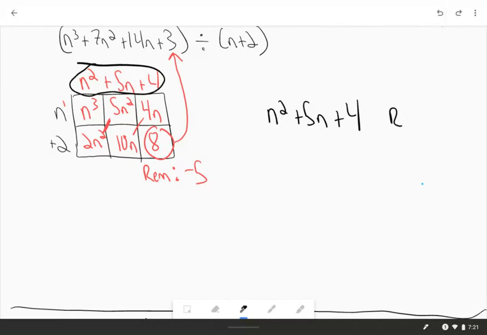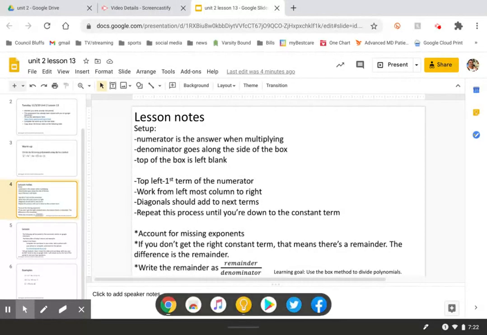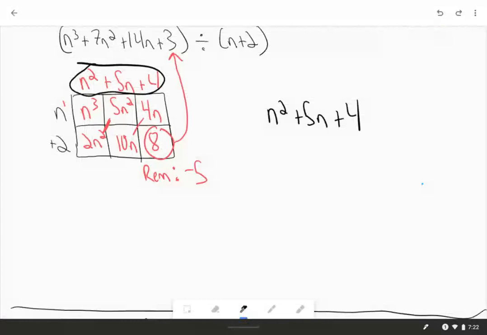To write the remainder, as it says in the lesson notes, we are going to basically add an extra term to the answer, and we're going to write the remainder as a fraction, where the remainder is in the numerator and the original denominator is the denominator. So my extra term is going to be minus 5, over the original denominator, n plus 2.